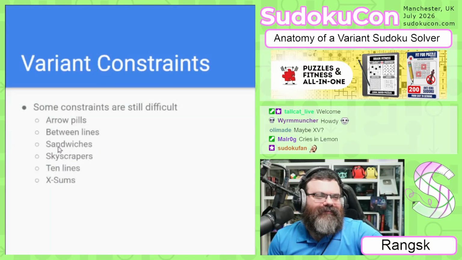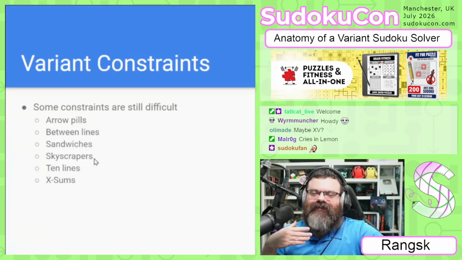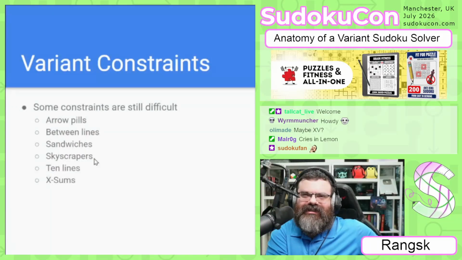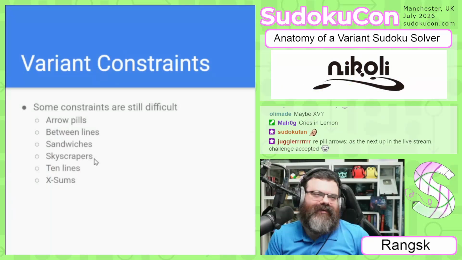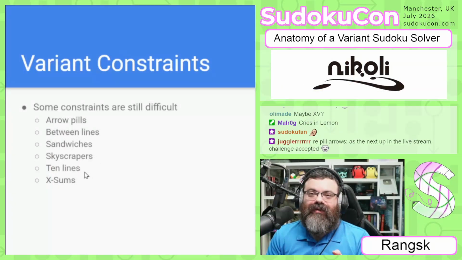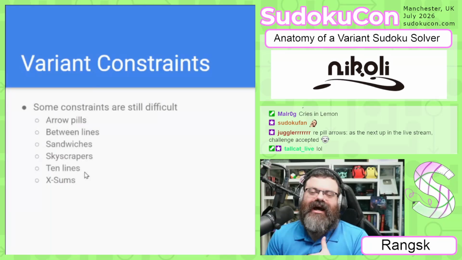Yeah. All right. Skyscraper, obviously, it's just very specialized, right? Skyscraper is just a super specialized constraint that doesn't have an analog to weak links or sums or anything like that. You just got to code it. You just got to be very specific. 10 lines are hard because you don't know where the segments are. So it's not just figuring out how to add to 10, it's figuring out how you're segmenting this 10 line to make it add to 10.